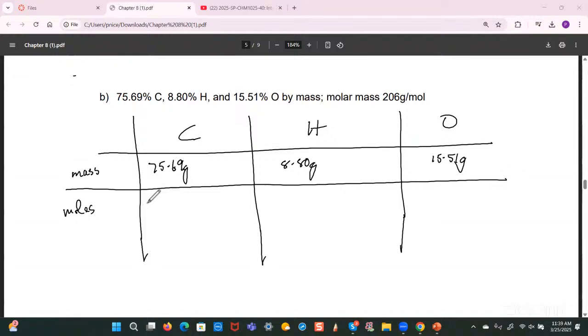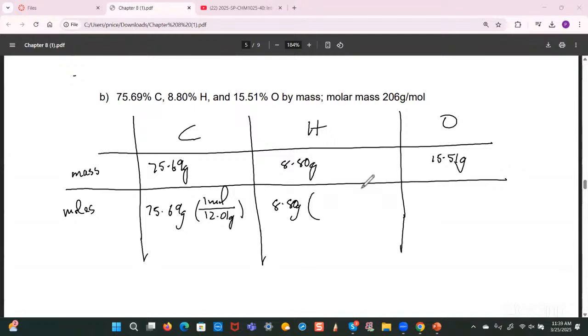What did you do in the example that I worked earlier? 75.69 grams, what do we multiply that by? 1 mole over 12.01, very good, right?